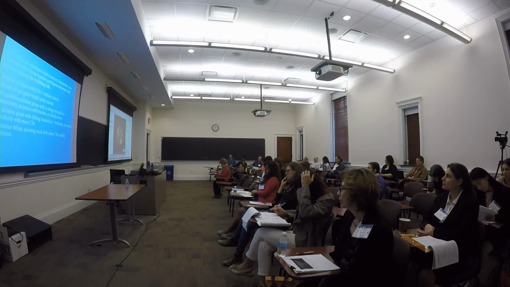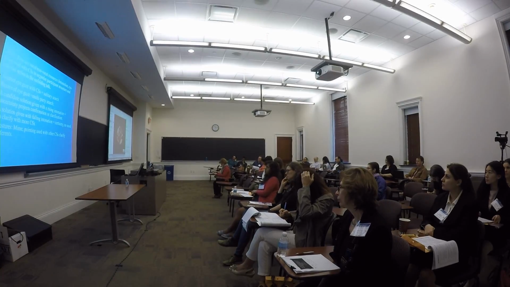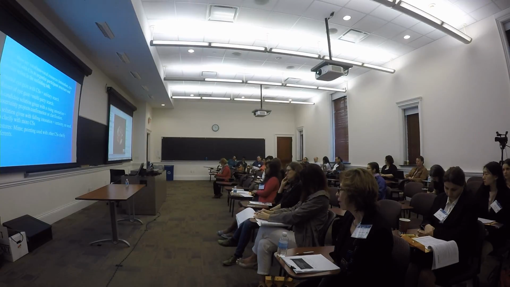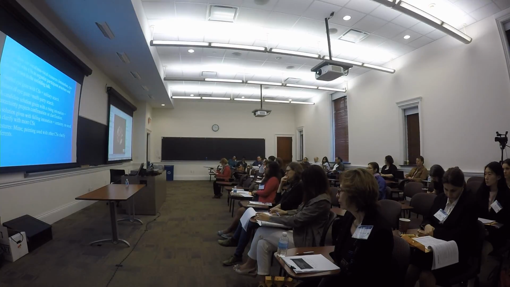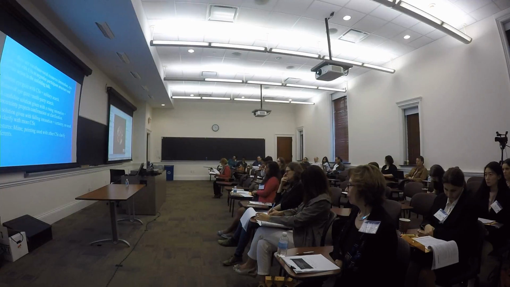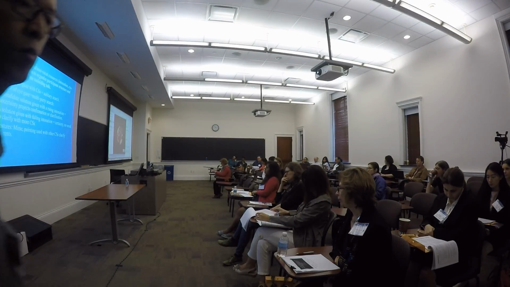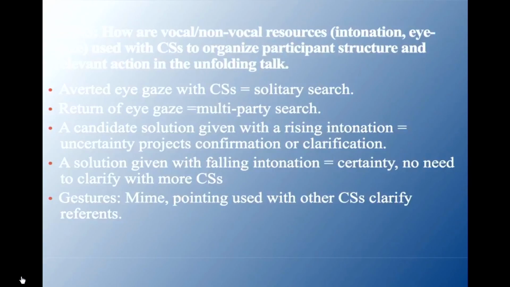We also see how vocal or non-vocal resources are used in conjunction with communication strategies to organize the participant structure and relevant action in the unfolding talk. So for example, in line 1, when Jamie searches for a way to convey her meaning, she's not actually looking at her host mother. Her averted eye gaze during word search is an indication that the speaker is holding the floor and conducting a solitary search.